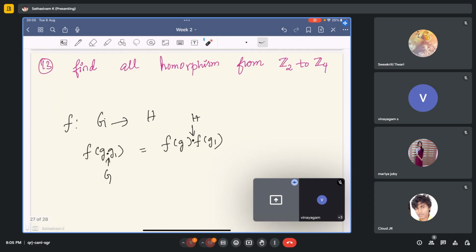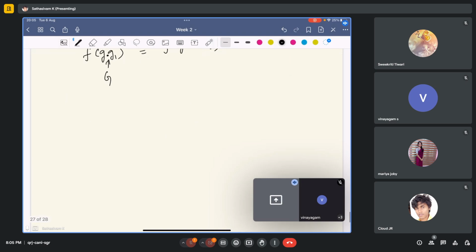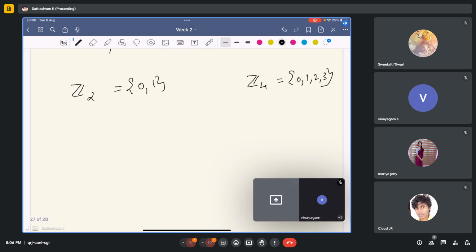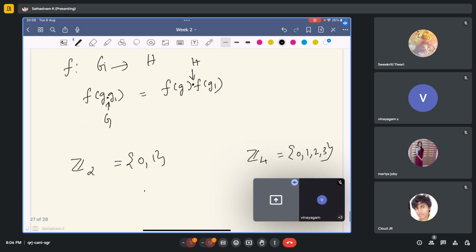Now you have to find all homomorphisms from Z2 to Z4. So what is Z2? Z2 has two elements, which is 0, 1, and Z4 has four elements, which is 0, 1, 2, 3. If you have a cyclic group, first of all, I need to give the map, right?